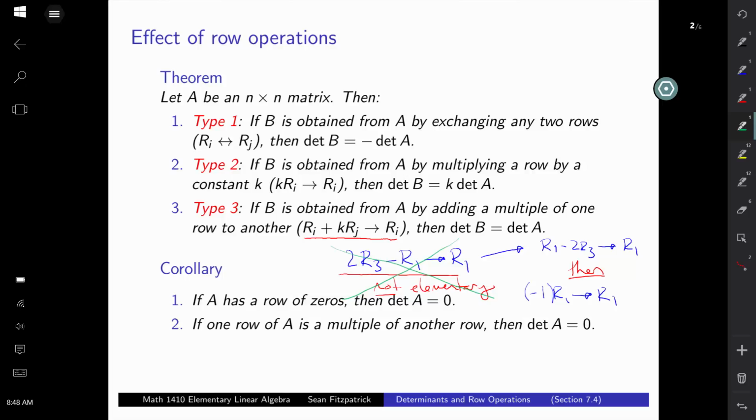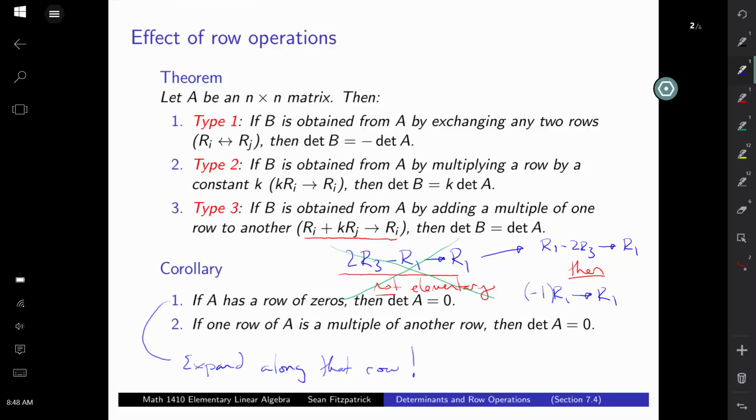A couple of consequences at the bottom. One is, if you have a row of zeros somewhere, actually, the first one you don't really need this theorem to get, because this one here we can just expand along that row. So the first result already follows from our cofactor expansion theorem. The Laplace expansion theorem tells us we can expand along any row.